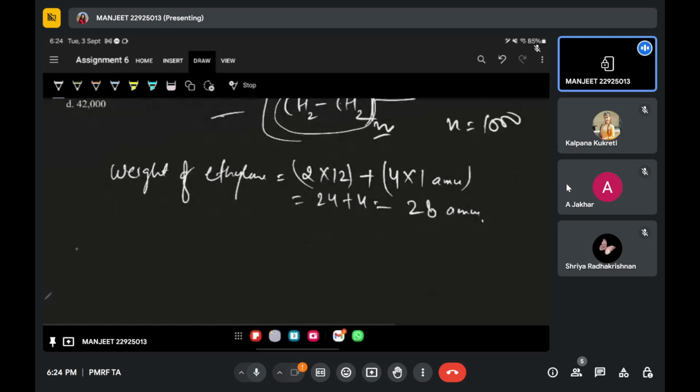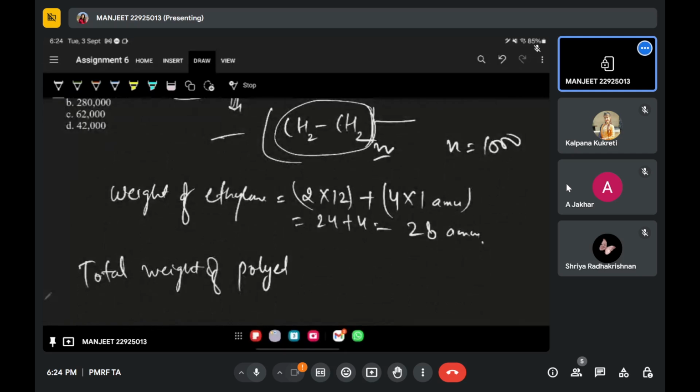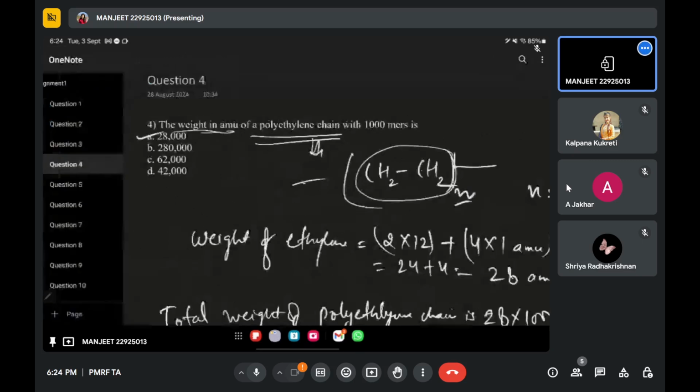So the total weight of the polyethylene chain is 28 into 1000, that gives 28,000 AMU. Okay, so A will be the right answer.